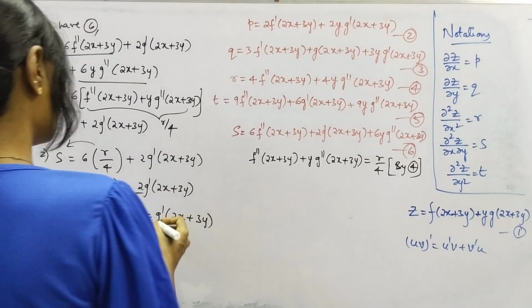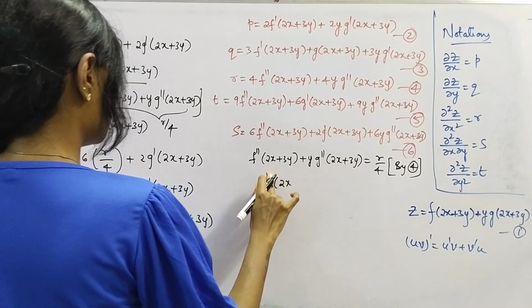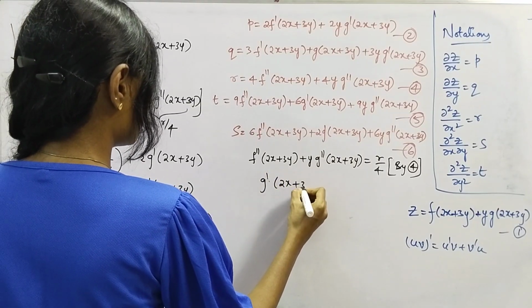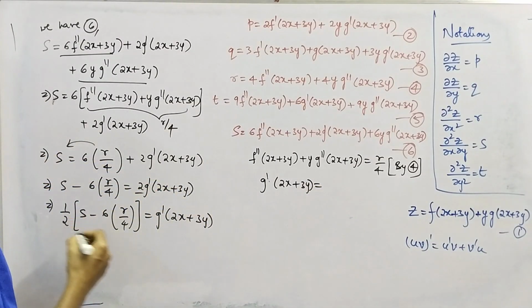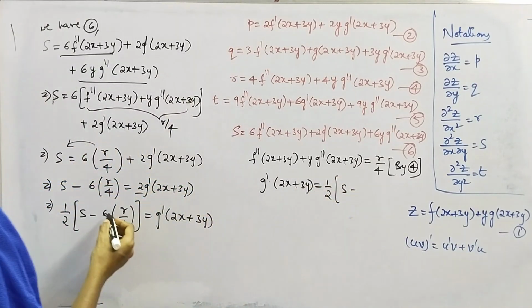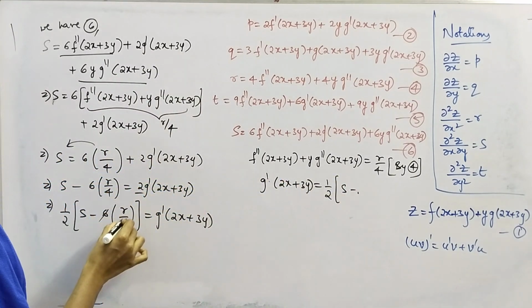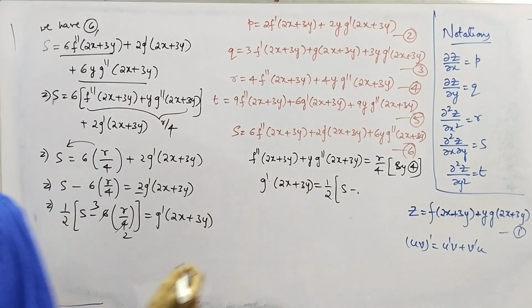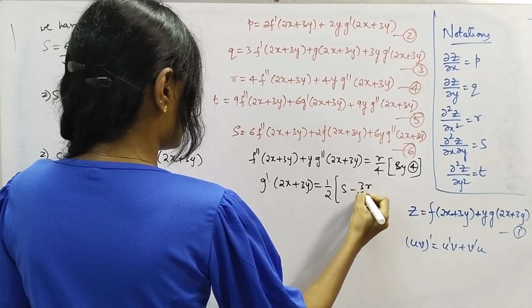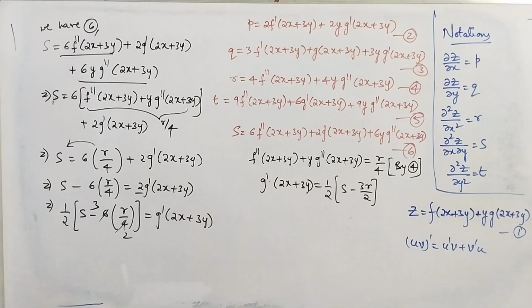Now we got the value of g dash, that is g dash of 2x plus 3y equal to 1 by 2 times s minus 6 times r by 4. Let's write as 3r by 2, or you can simplify it.